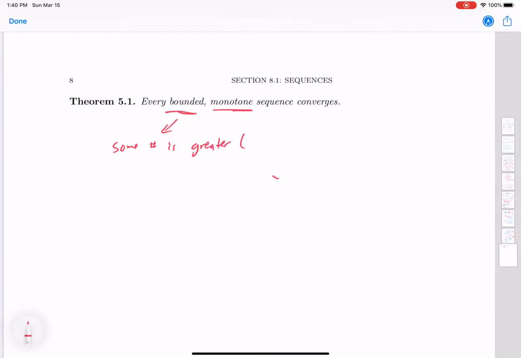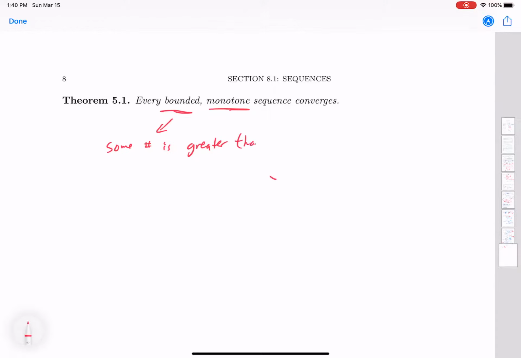And actually, if it says bounded, that means both bounded above and bounded below. So some number is greater than every entry in the sequence. Maybe I'll call this greater number g.